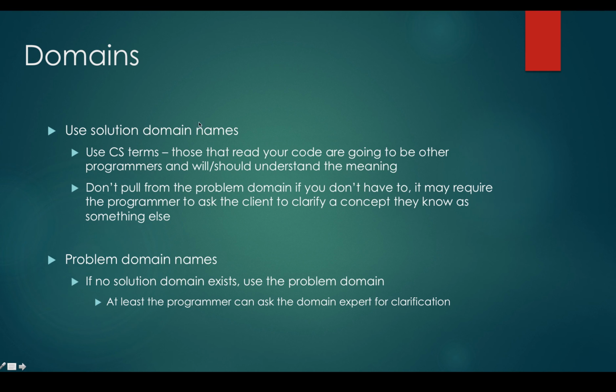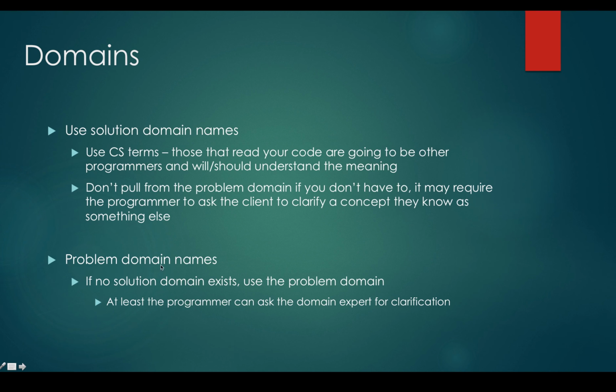So within that domain, we can use those terms. We can use terms that we think other computer scientists should relate to. We don't want to pull from the problem domain if we don't have to, because the problem domain may require us to ask the client in order to clarify what we're talking about in the code.